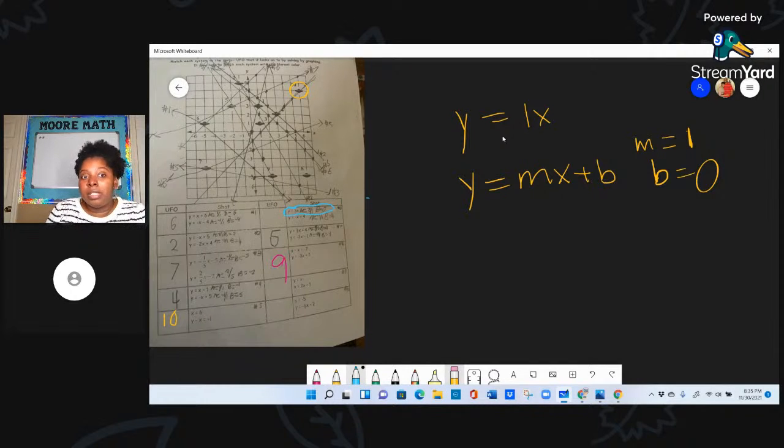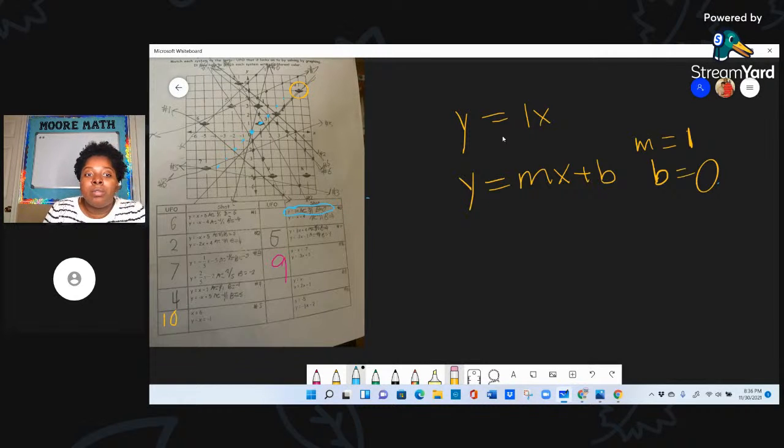Okay, B was 0. There was no y-intercept, so B is 0. Okay, so where are we starting? 0. Okay, and now where are we going? Up 1, to the right 1. Yep. So you make your line. Good. Okay. And always go back as well.